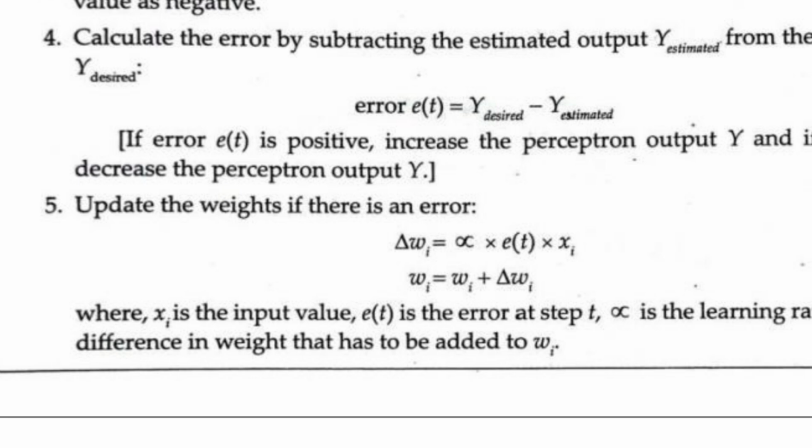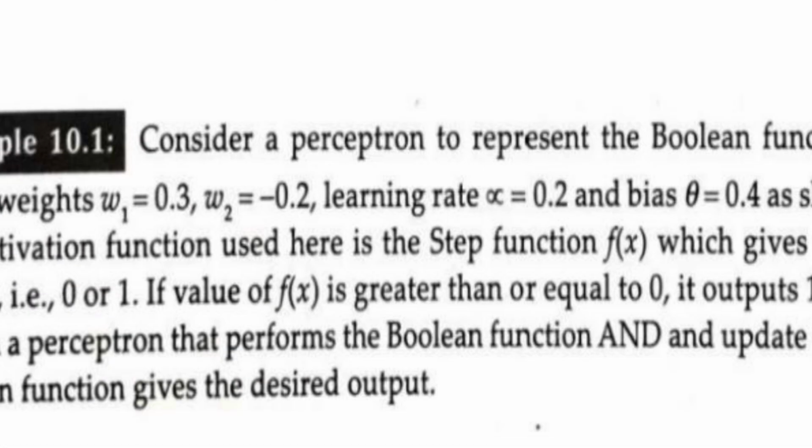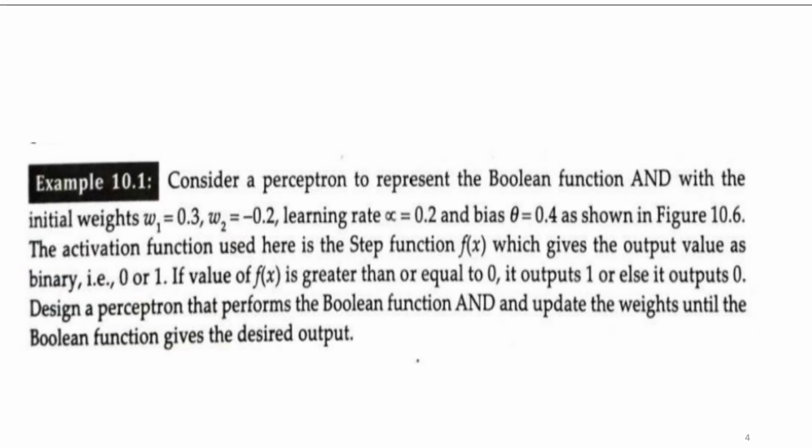Then this delta, positive or negative, has to be added to the previous weight. The previous weight gets updated, and the new weight is equal to the previous weight plus that delta value. In this way, the process is repeated till there are no more weight changes.